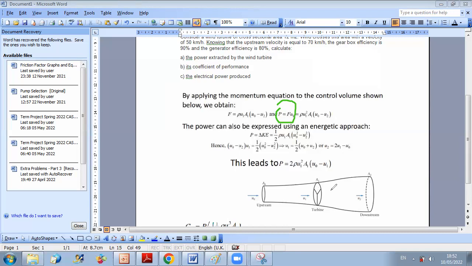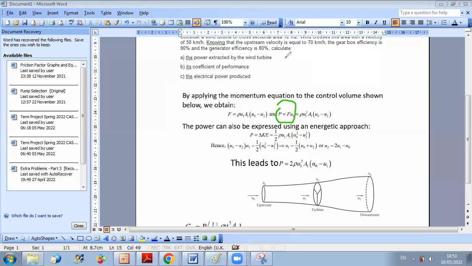But also, if you remember, we said that we cannot extract the whole power. We cannot take 100% of this power. We have a limit, and this is called the Betz limit of the system. And we derived in the course material why we have this limit.